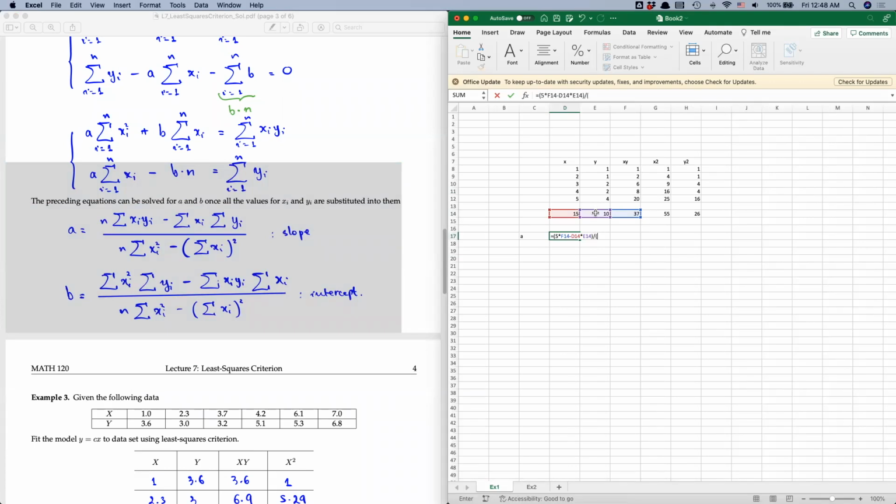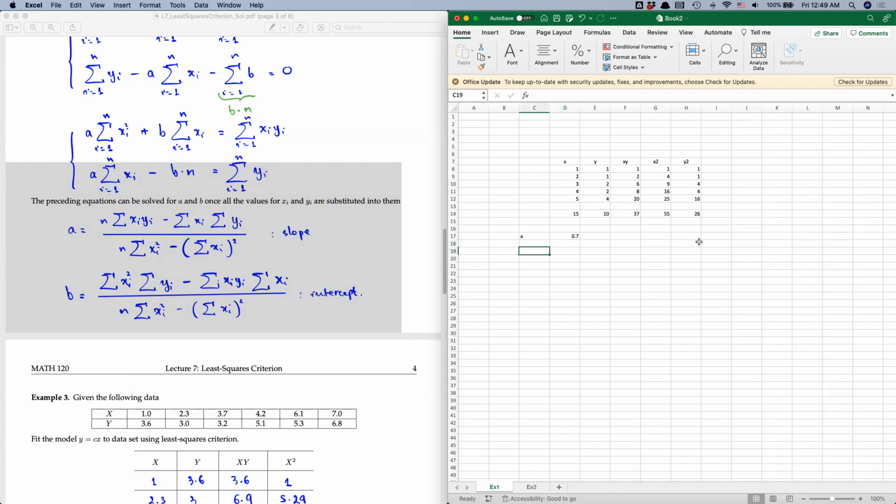Now divided by the denominator, which is 5 times the sum of x squared minus the summation of x altogether squared. Now close the parentheses to end the denominator. Here we obtain the slope with the value of 0.7, right? So the line is going to go up.